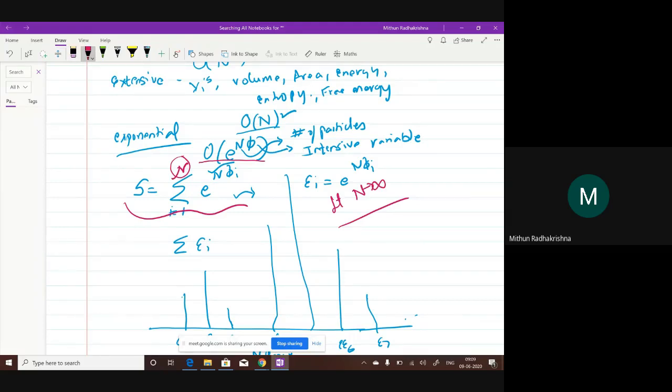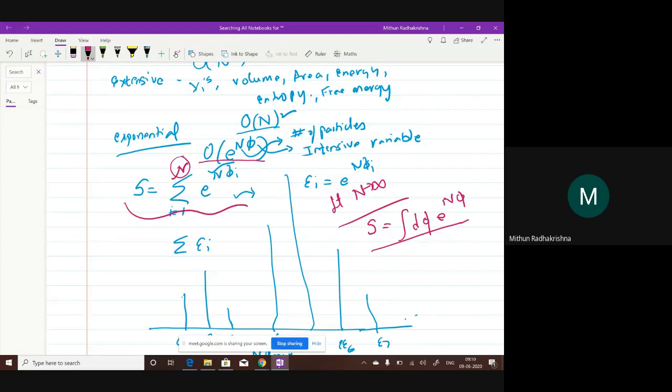Okay, so remember I have a sum in the continuous limit. This is nothing but an integral, so it is nothing but the integral d phi e to the power N phi. Remember that. So in the sum it's discrete, and in the integral it's a continuous thing.